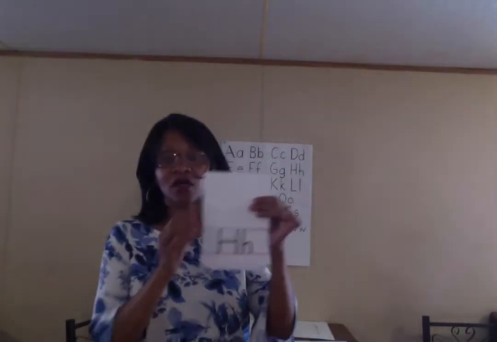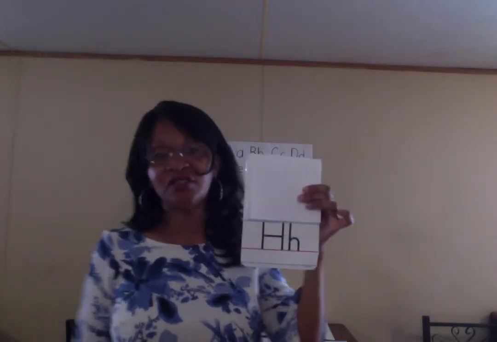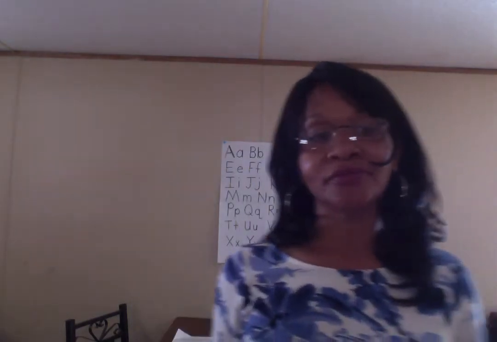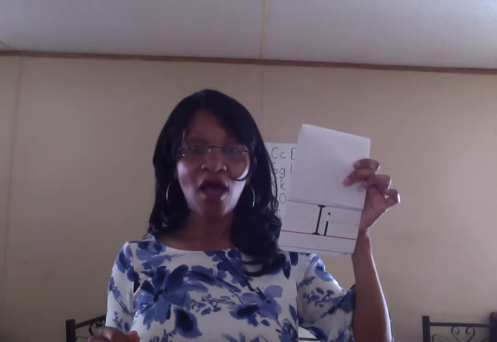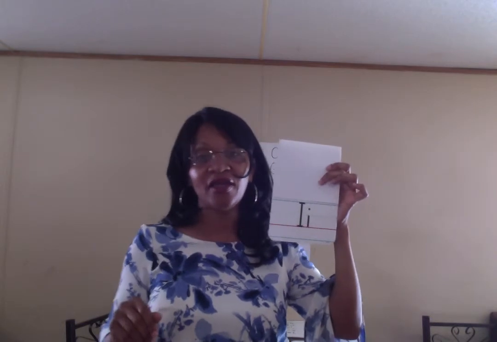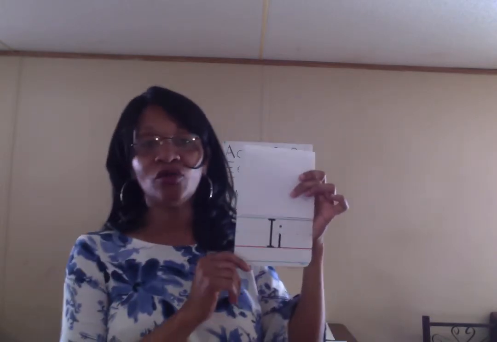H. What sound does H make? Huh. And a word would be hat. And here's a picture of a hat. And this alphabet, I. Can you sound it out? Eh. And a word would be iguana. And here's the picture of an iguana.